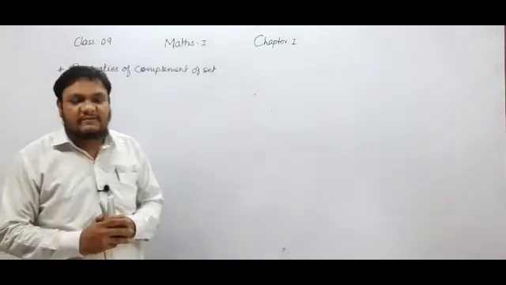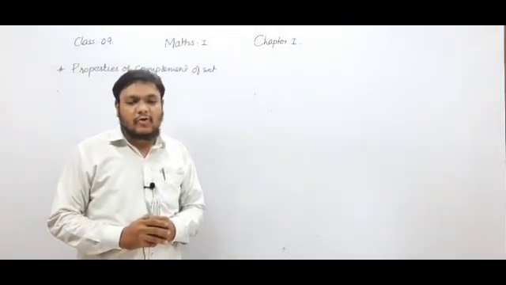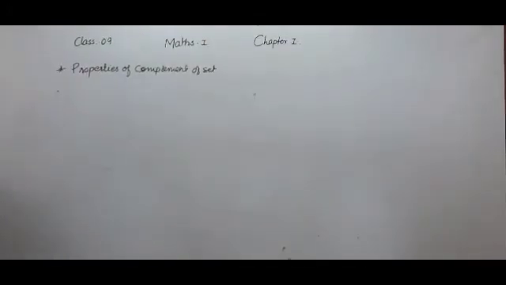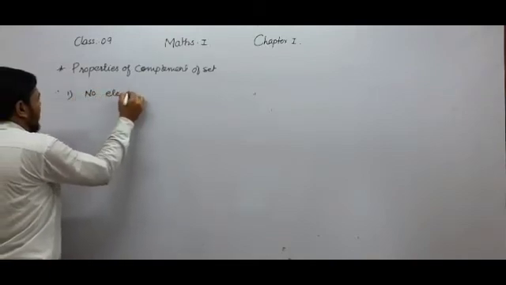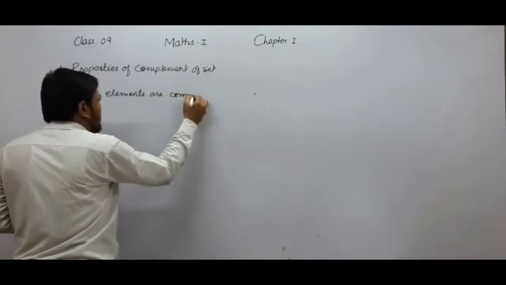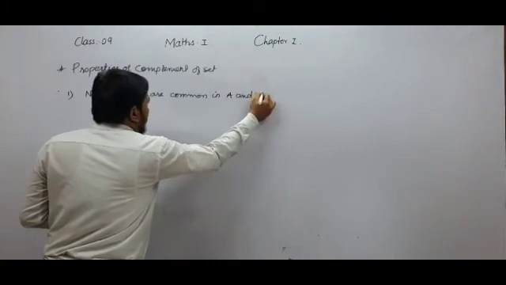So student, we have studied the complement of a set and the examples related to it. Hope you understand that. Now student, we will study the properties of complement of a set. So the first property is no elements are common in A and A complement.